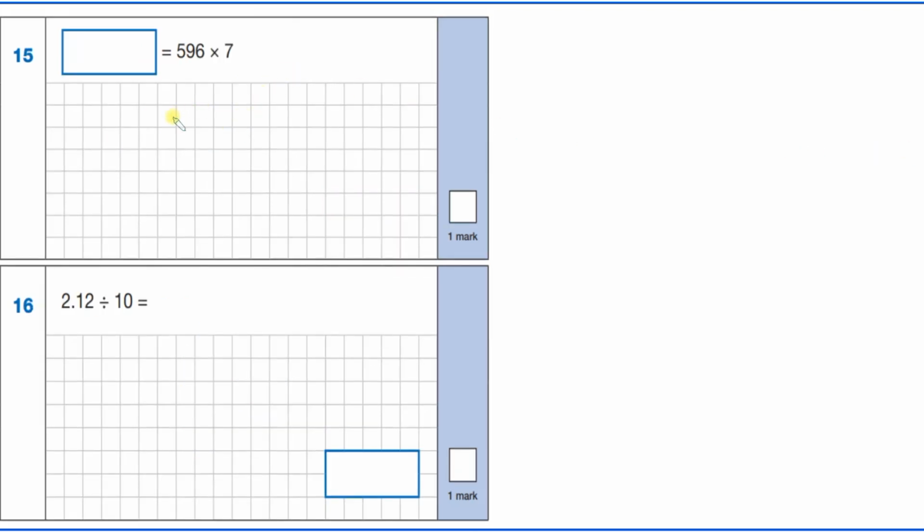Question number 5 is a column multiplication you can do, or you can do the partition method. I will show you both. 596 times 7.